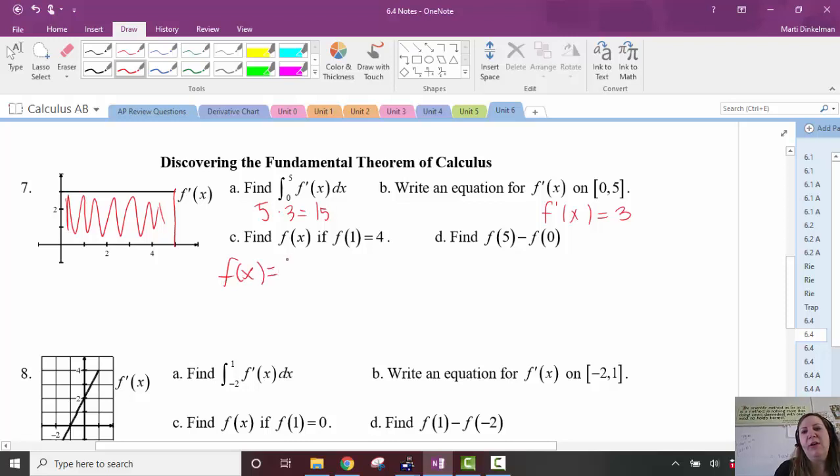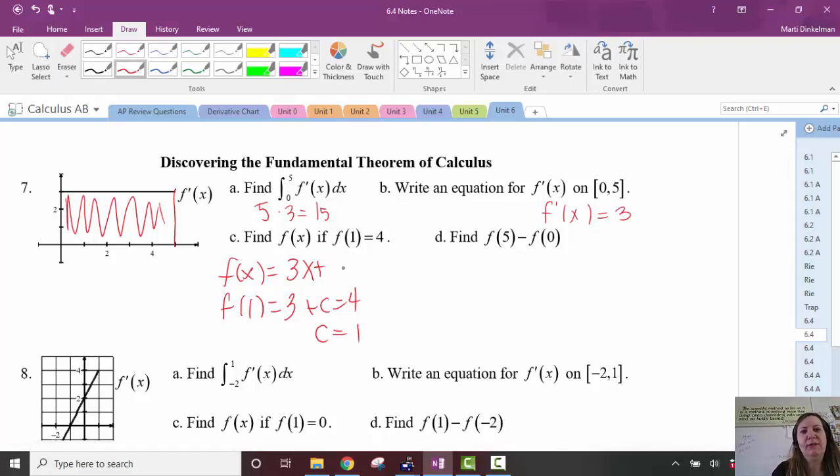We're going to actually figure out what the antiderivative is, and then they gave us information to figure out what C is going to be. So it looks like C equals 1. So I'm just going to go ahead because I'm running out of space and just put a 1 there.